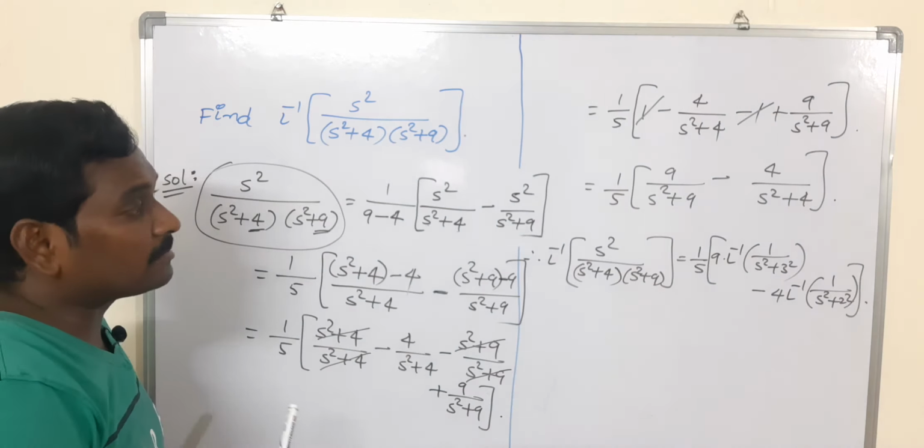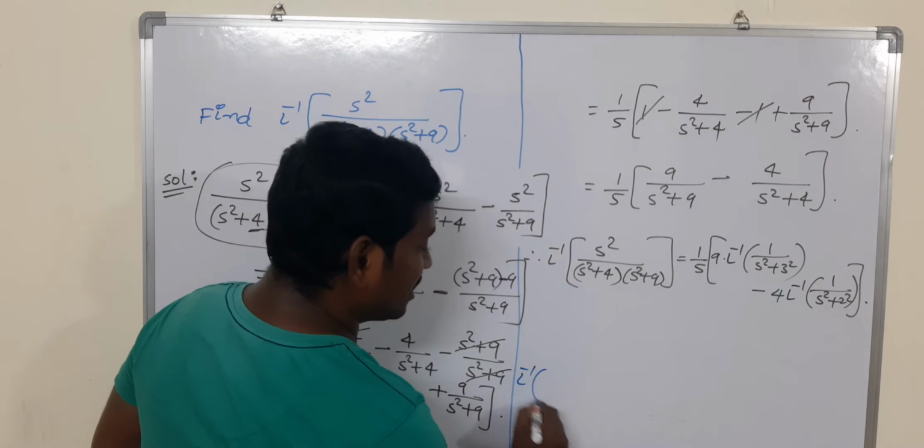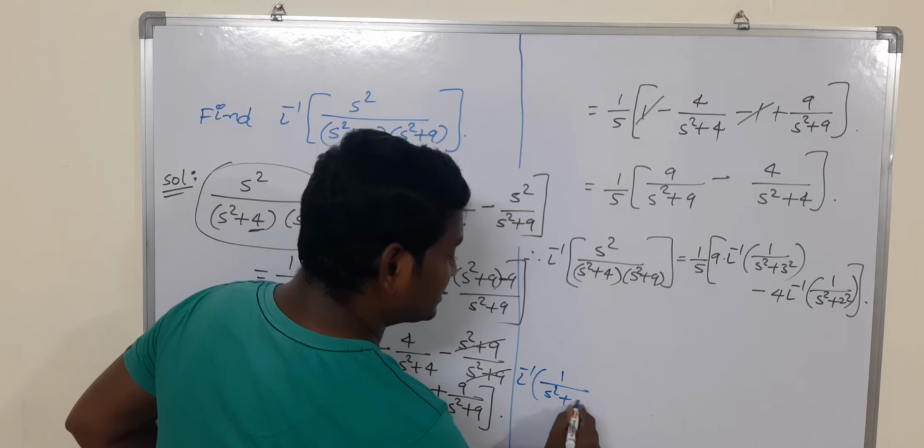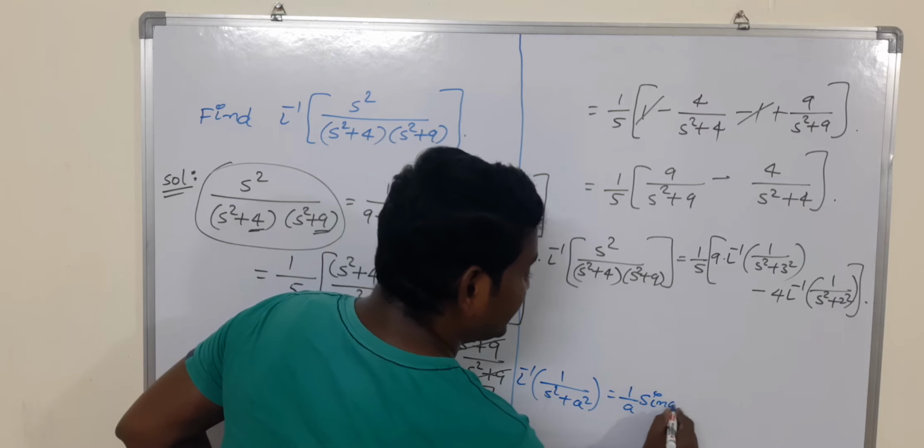Now we are observing that both parts are in the form of L inverse of 1 by s square plus a square, whose formula is 1 by a sin at.